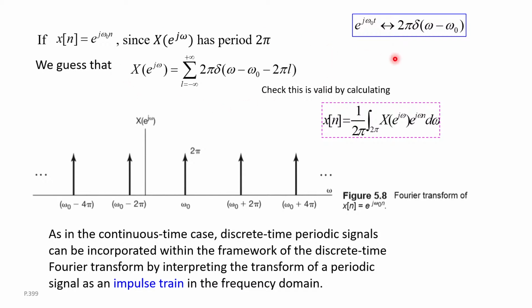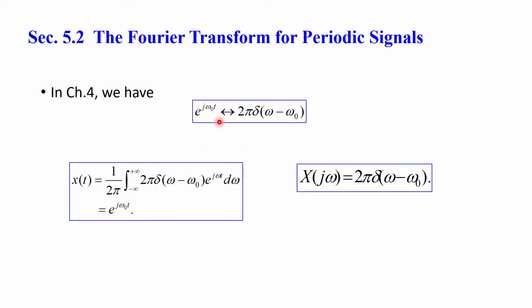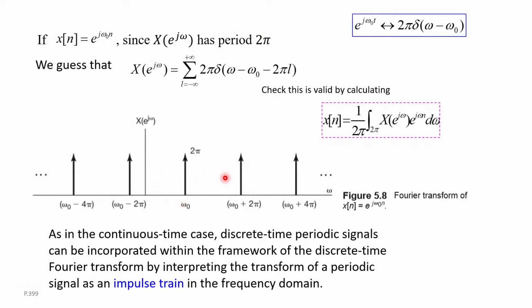Once again, we can check that our guess is correct with our inverse Fourier transform equation. So x of n equals 1 over 2 pi, integral of big X times e to the j omega n d omega. If you do the integral, it's basically the same integral as this thing, from minus infinity to infinity, and now you cut to this 2 pi region, then we pick up this one spike, and it gives you back this e to the j omega n.